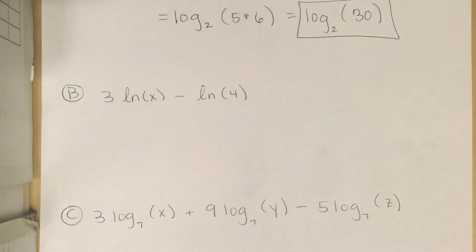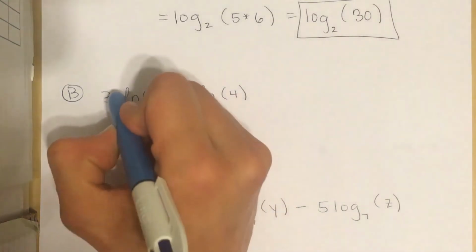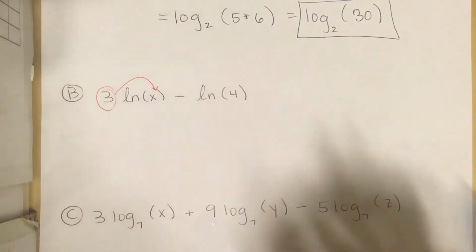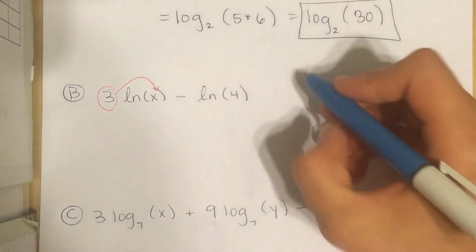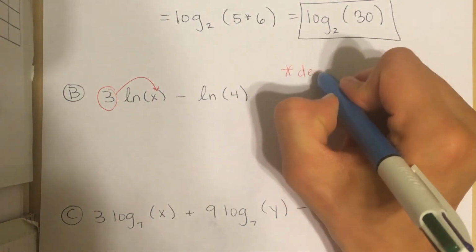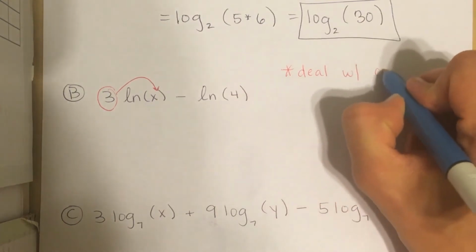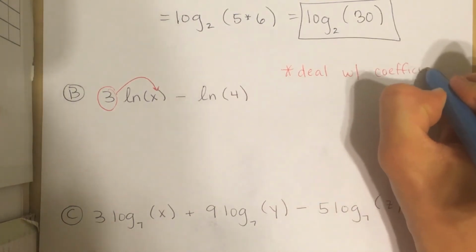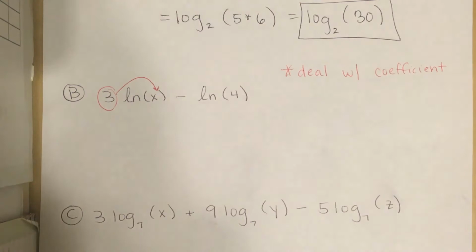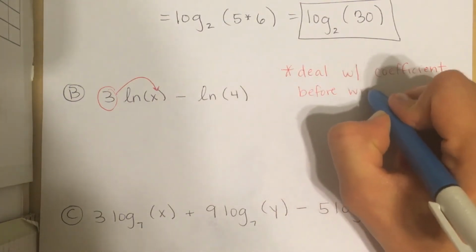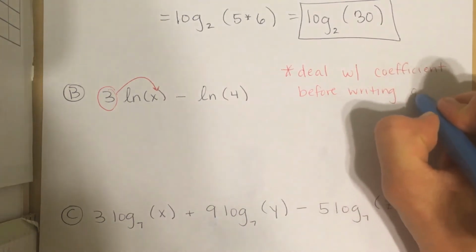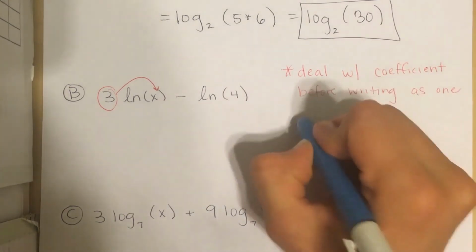So when we're condensing, get rid of your coefficients first by moving them in as exponents, and then you can combine your logarithms. So when condensing, deal with your coefficients, that is the number in front of your logs, before writing as one single logarithm.